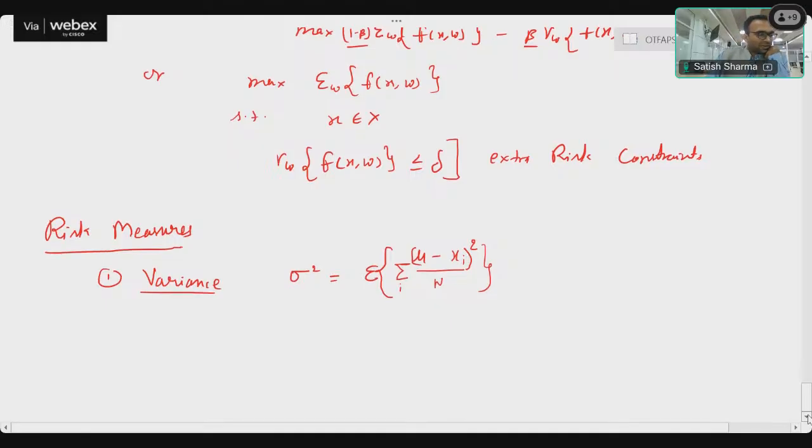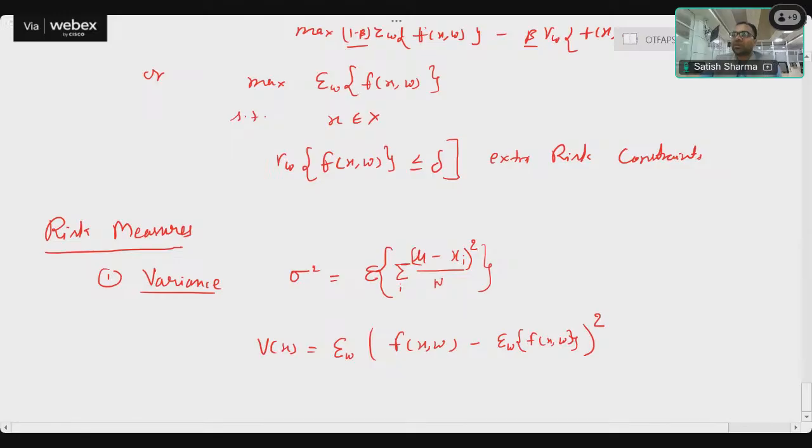Or the other way around, you can also use x minus mu. The variance of this particular problem is basically the expected value over all the scenarios of x comma w minus the expected value of x comma w, and then the square of this.